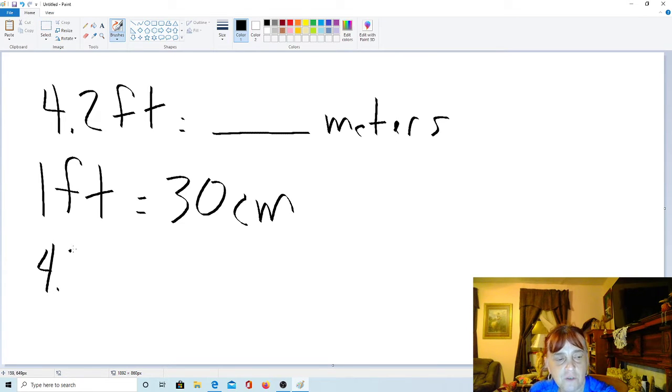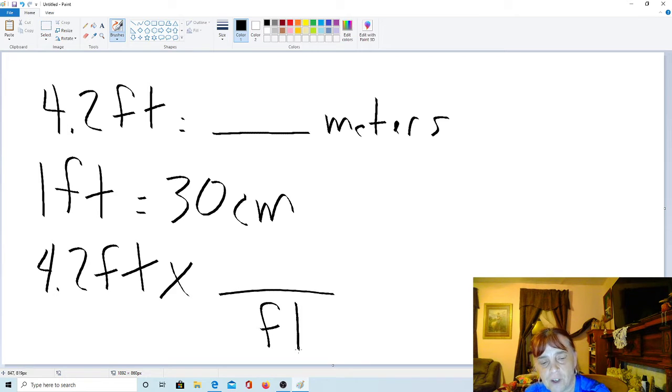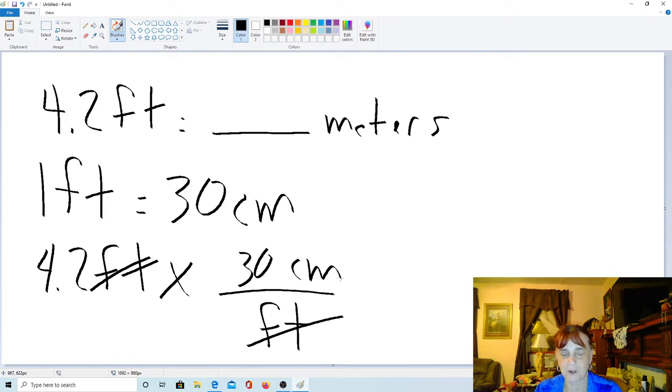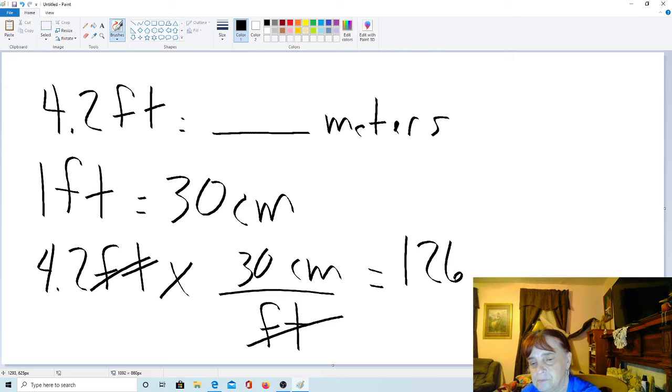So 4.2 feet times, for every foot you have 30 centimeters, so your feet cancels out, you multiply by 30. So 4.2 feet times 30 is 126 centimeters. And then to change it to meters, you divide that by 100. So it's 1.26 meters.